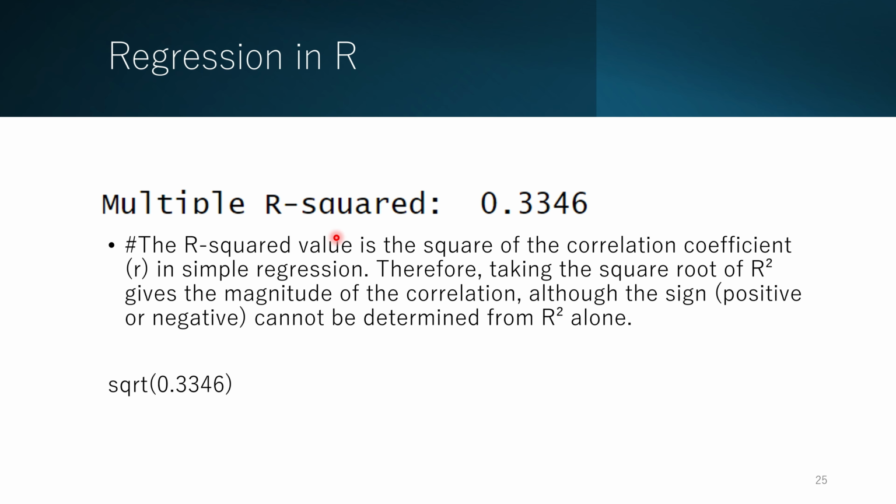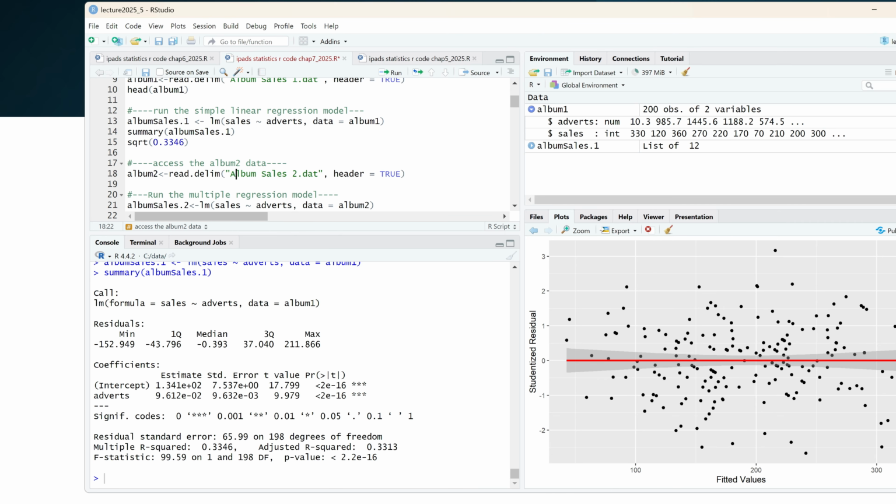Okay, next. In the simple regression, R square equals the square of Pearson's correlation R. So if you take the square root of R square, you can get the magnitude of the correlation. Then the command is here.